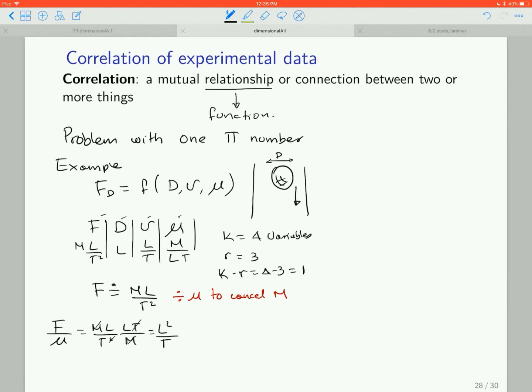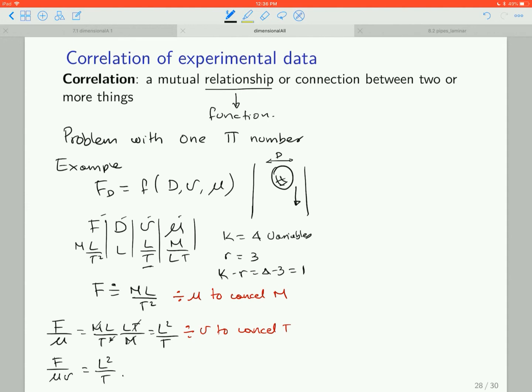So now we need to cancel either L or t. I'm going to cancel t first. To cancel t, I have to divide by velocity. So we have F, mu, and velocity, and the dimensions are L squared over t.